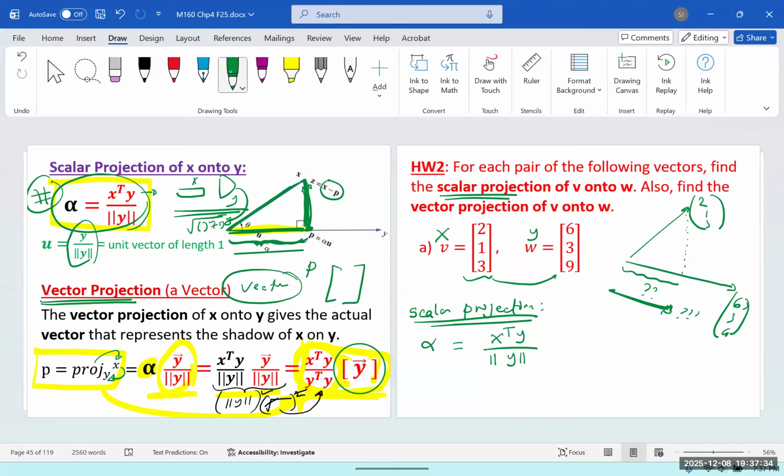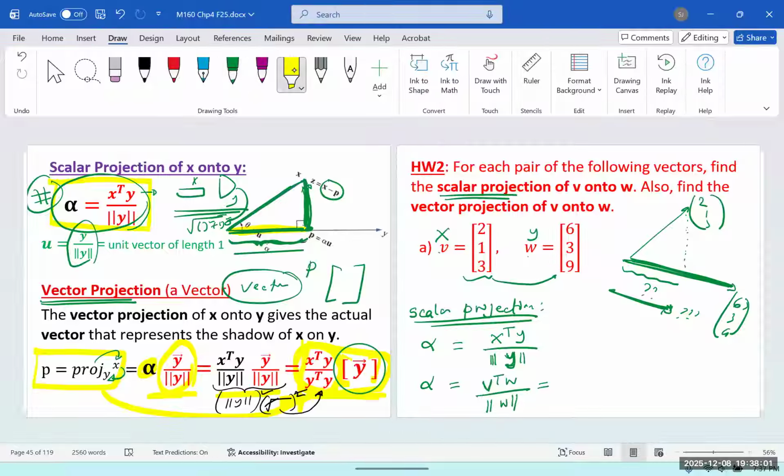Whatever you are projecting onto goes in the denominator. We are projecting v onto w, so this formula becomes v transpose w divided by the norm of w. Whatever you're projecting onto always goes in the denominator.